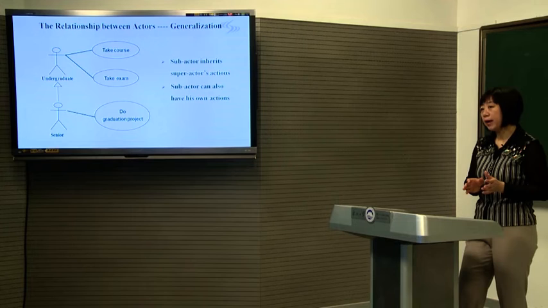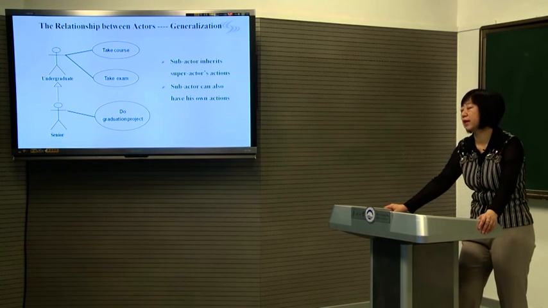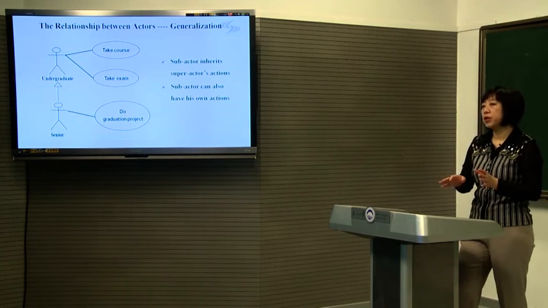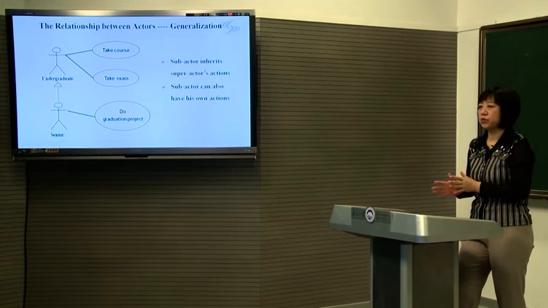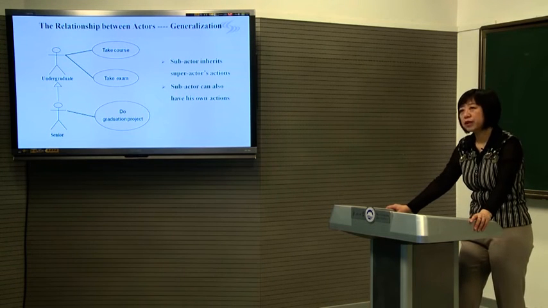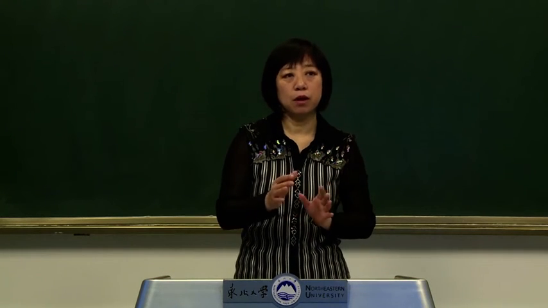And the actors will interact with some use cases within the target software system. Surely there are some relationships between actors and use cases, but that's not enough. Sometimes some relationship will exist among actors.